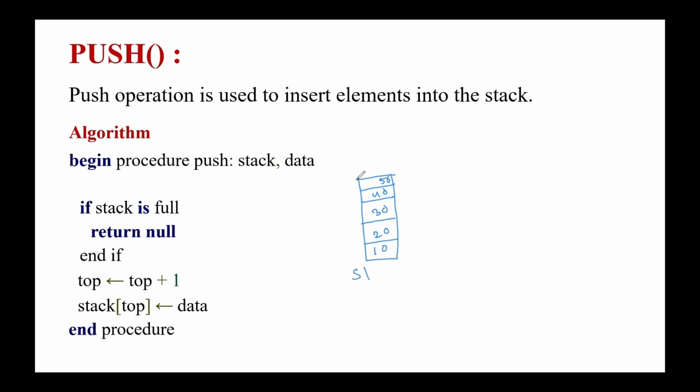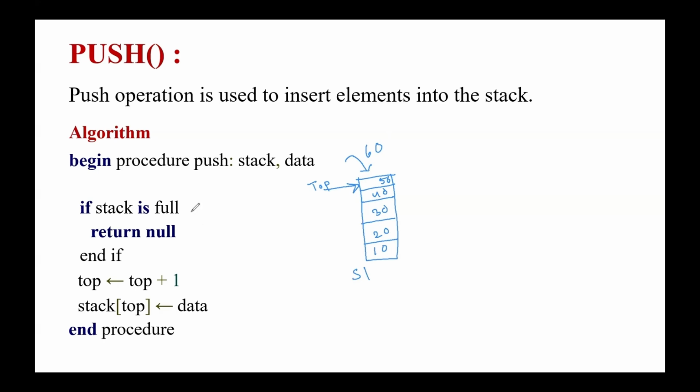As we know, insertion and deletion are always done from one end, and always the pointer points to the top of the stack. So this is our top. Top is the position of the topmost element. Now the stack consists of 5 elements. For example, I want to insert 60. Insert 60 means what?